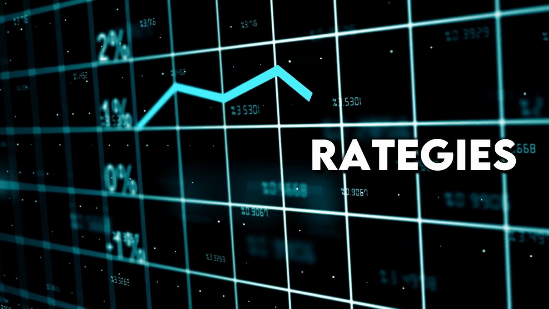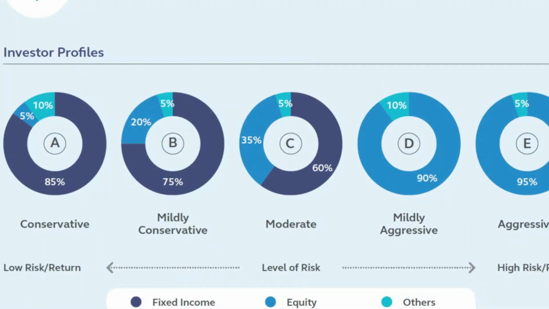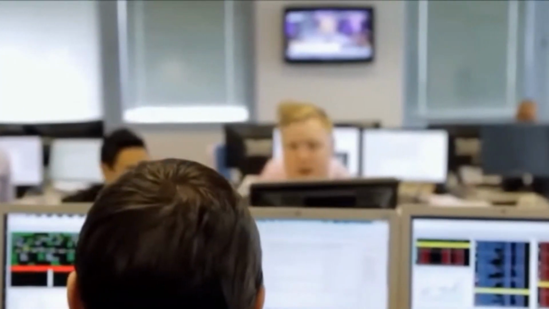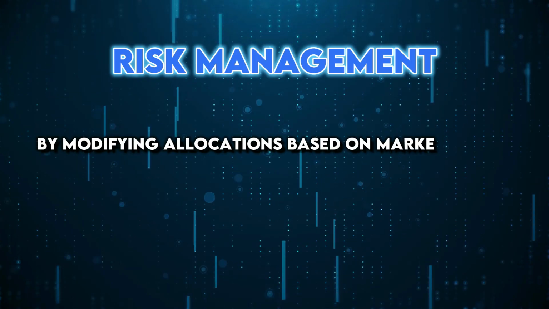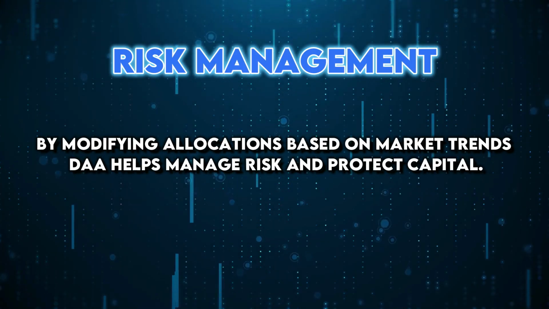Adaptive strategies adjust asset allocation in response to market volatility or changes in the investor's risk profile, aiming to reduce risk as conditions shift. Risk management. By modifying allocations based on market trends, DAA helps manage risk and protect capital.